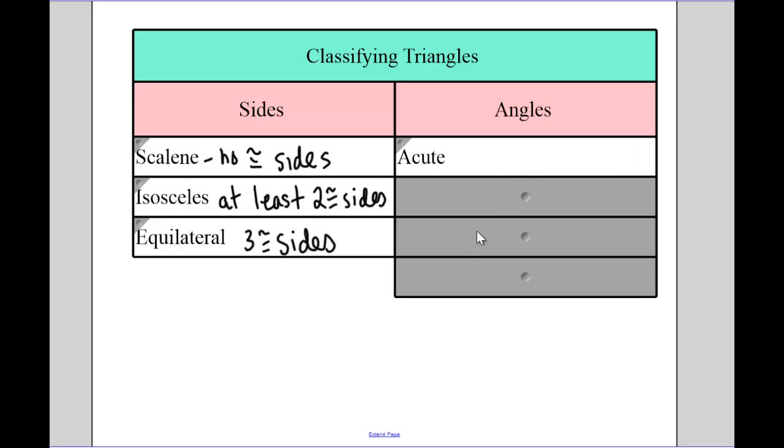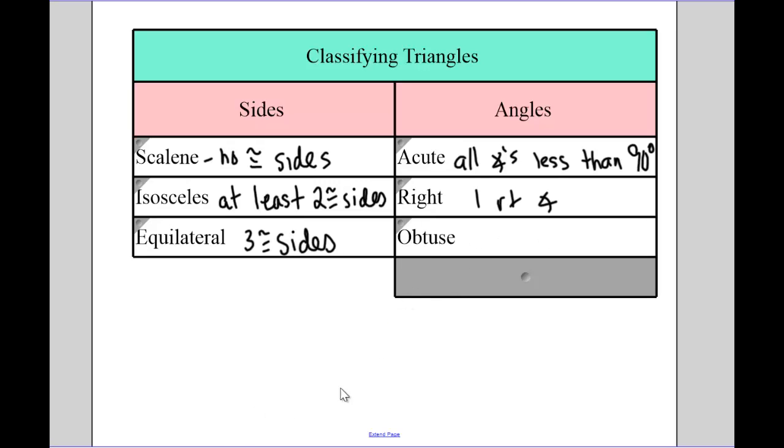Now by the angles, acute, all angles less than 90 degrees. Right, one right angle.